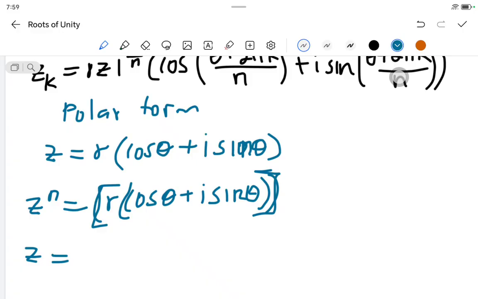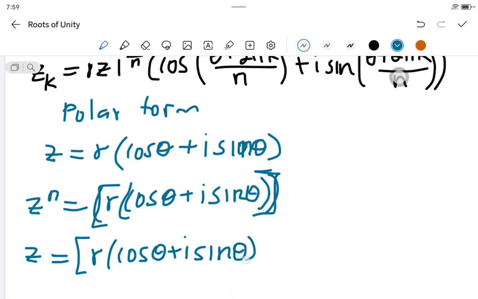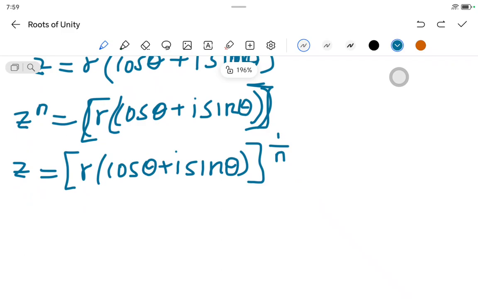put the exponent 1 over n on both sides, then we get r cos of theta plus i sine of theta to the 1 over n. If we put this on both sides, this one will cancel out. And then here we can apply the Moivre theorem.